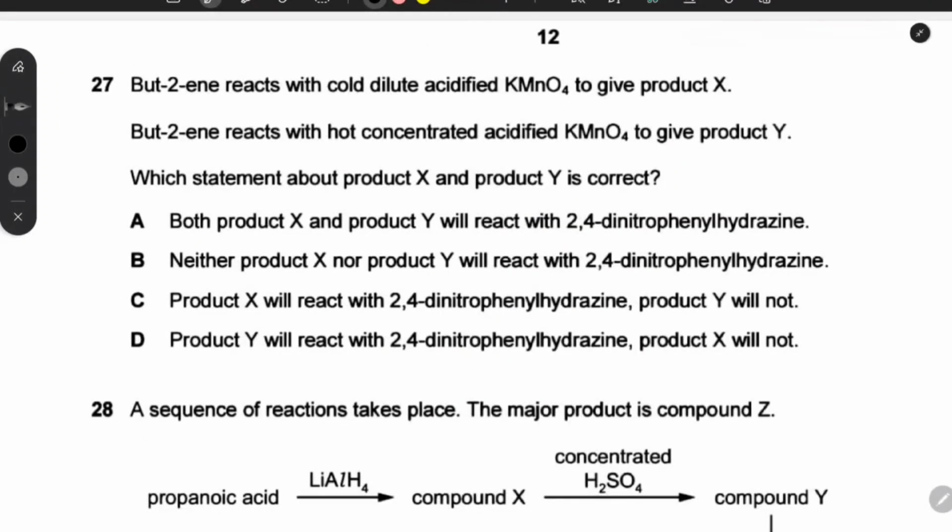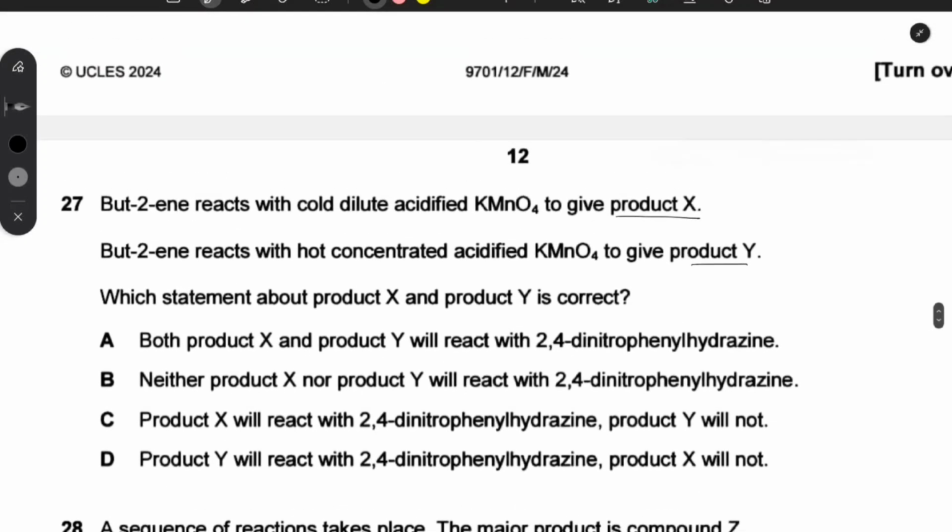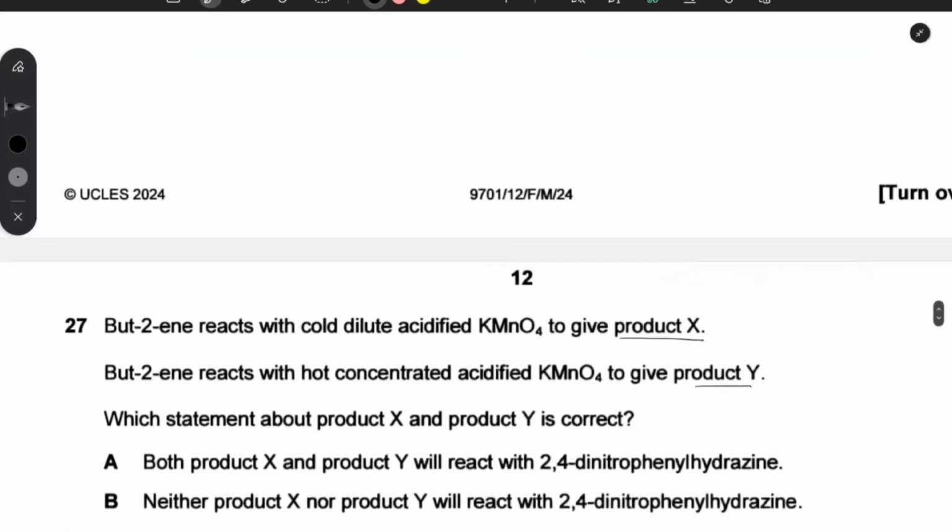Question number 27. Butene reacts with cold dilute acidified KMnO4 to give product X, and butene reacts with hot concentrated acidified KMnO4 to give product Y. Which statement about product X and Y is correct? So first of all, we will discuss what these products X and Y are.